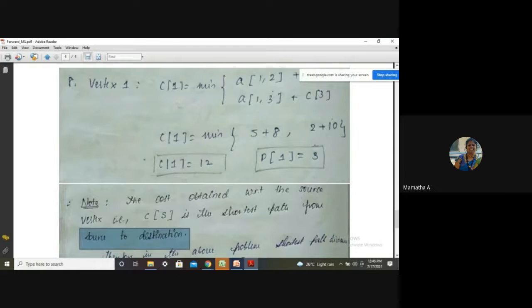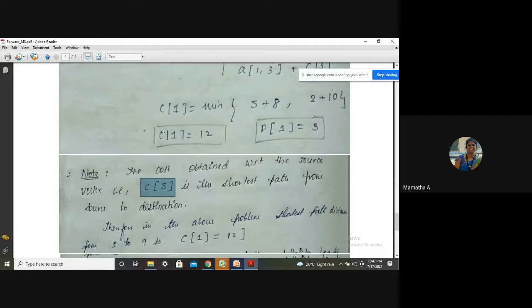Why? Because C is designed in that way. C of S, or C of any vertex, is nothing but the shortest path reaching from that vertex to the destination node, that is the sink node. Are you understanding? So you can now see C of 1 is now what? 12.